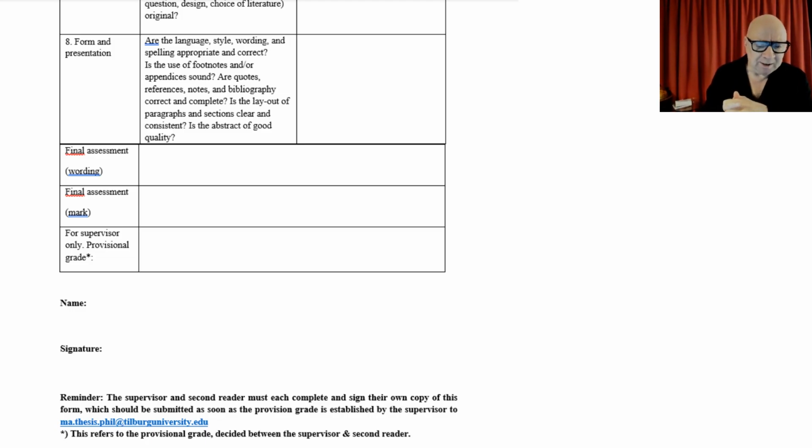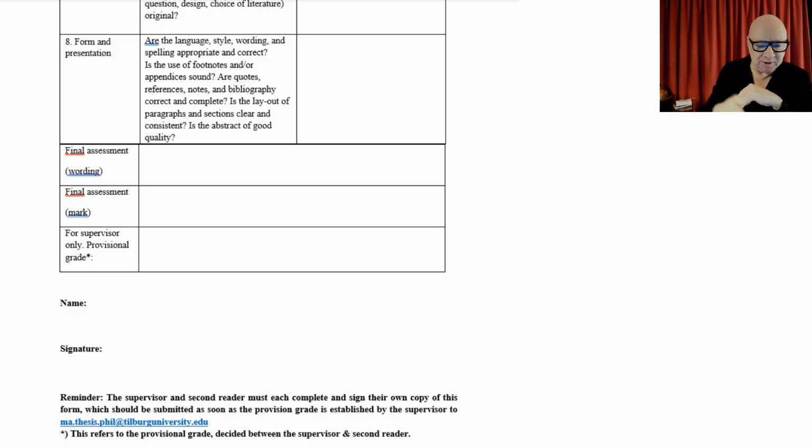So make sure that the layout is nice and neat, that it's coherent through the thesis. Don't use underscore ever in a thesis. For instance, if you're looking at the layout, don't underscore words or titles or things like that.